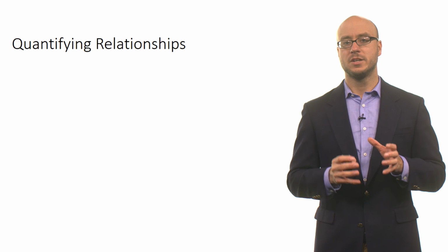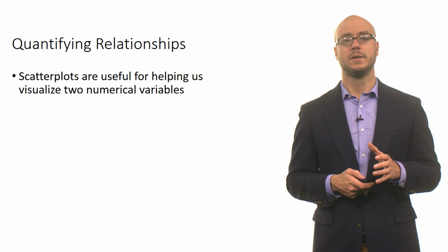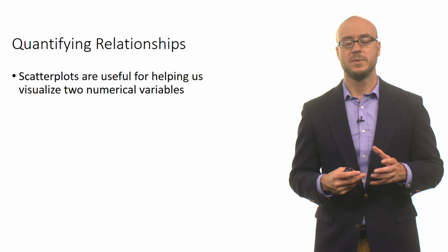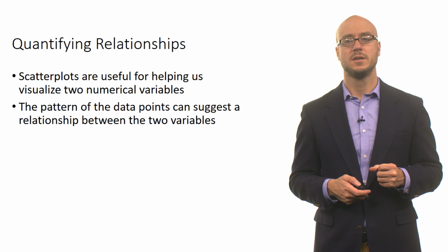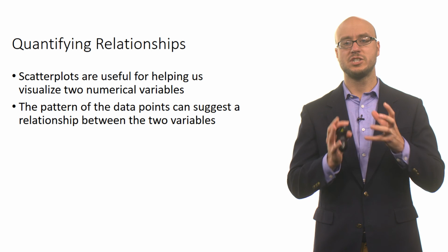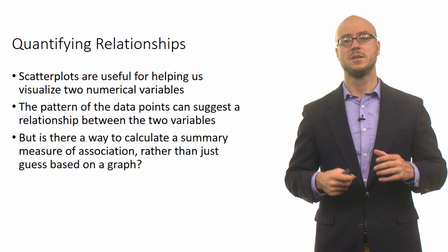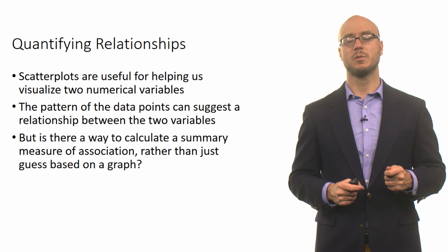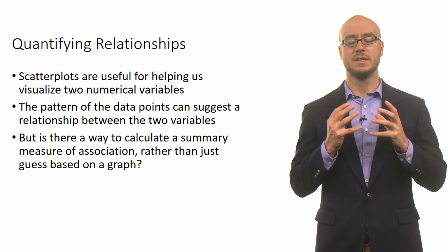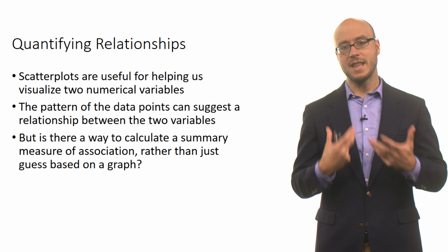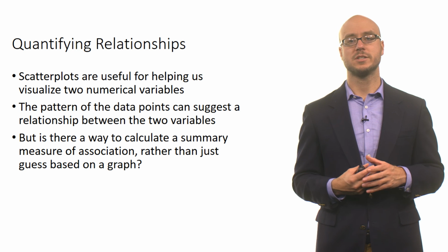With that said, we might want to say, well, scatter plots are useful for helping us to visualize two numerical variables. And we can look at sort of a suggestive pattern between the two variables, but is there a way to calculate a summary measure of association rather than guess based on a graph? And it's to that topic we'll turn in just a moment.